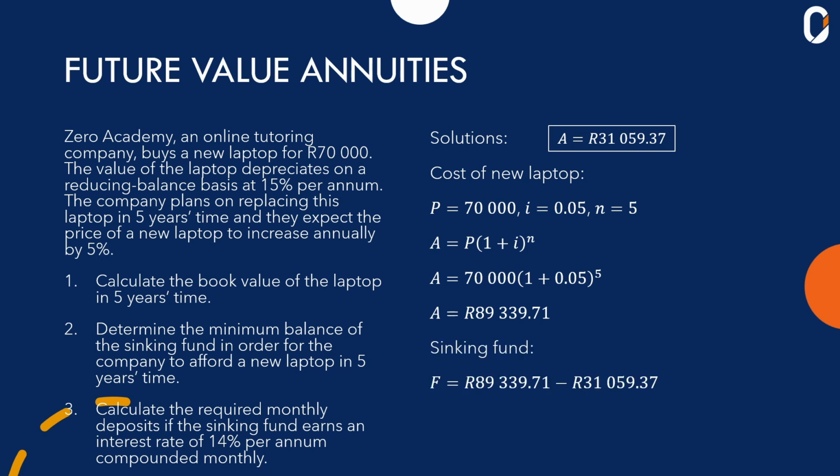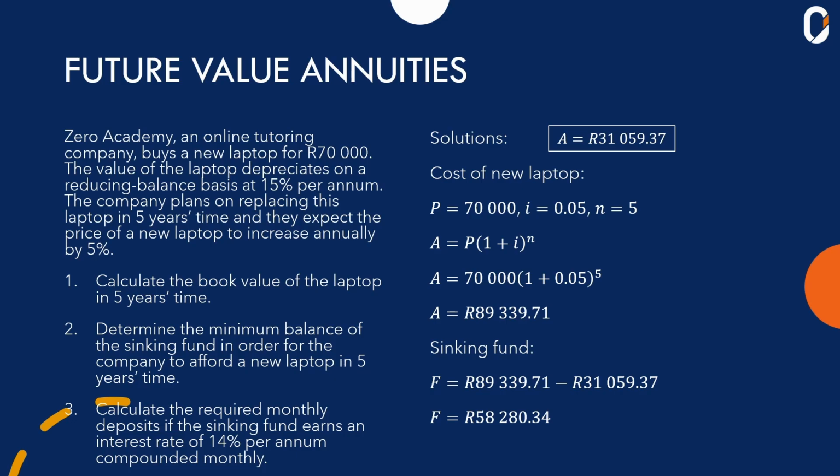They need to have at least a minimum of the difference between the cost of the new laptop and the cost of the old laptop, which is 89,339.71 minus 31,059 rands 37 cents, and hence the company should at least have on their sinking fund 58,280.34 rands in order to be able to afford a new laptop, because the money from the old laptop, the depreciated value, will help them to add into the sinking fund.